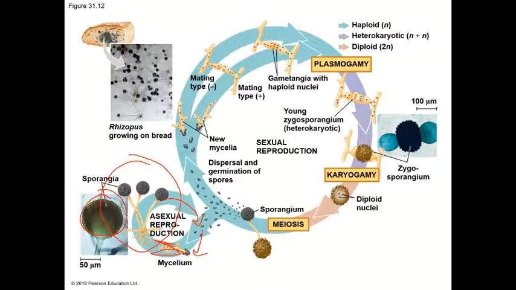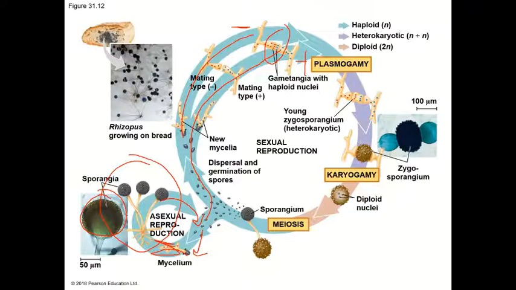Okay, and if male and female spores, we call them mating types, see each other, you can see in this portion the red and the blue nuclei unite. Okay, so that's because we have a negative mating type here on top, and a positive mating type here at the bottom.